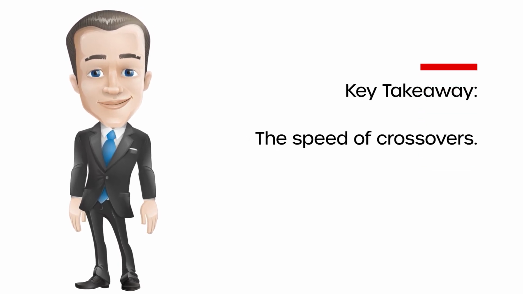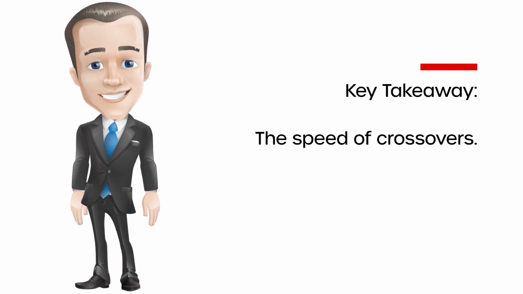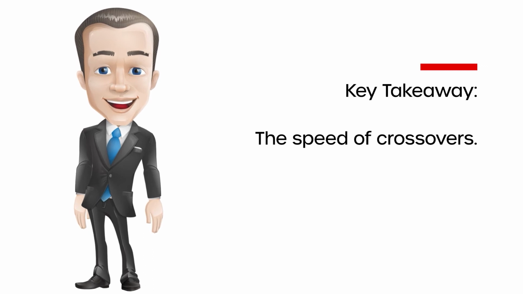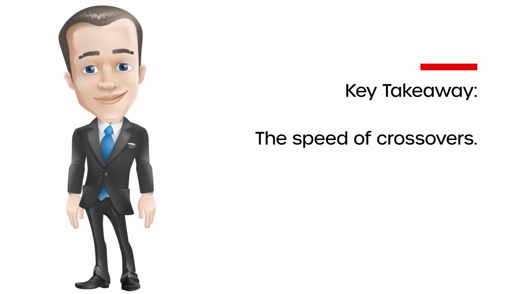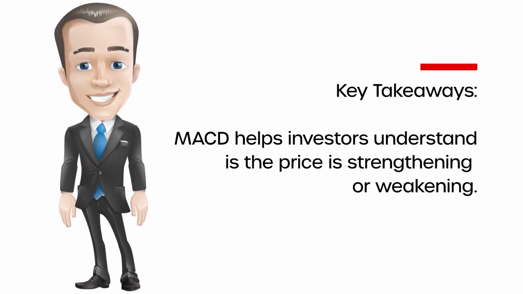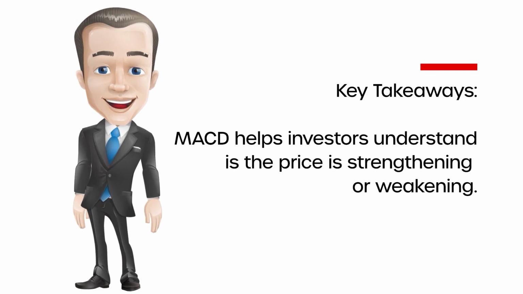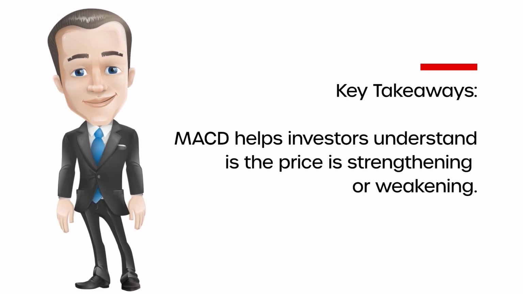Number three, the speed of the crossovers is also taken as a signal of a market is overbought or oversold. Number four, MACD helps investors understand whether the bullish or bearish movements in the price is strengthening or weakening.